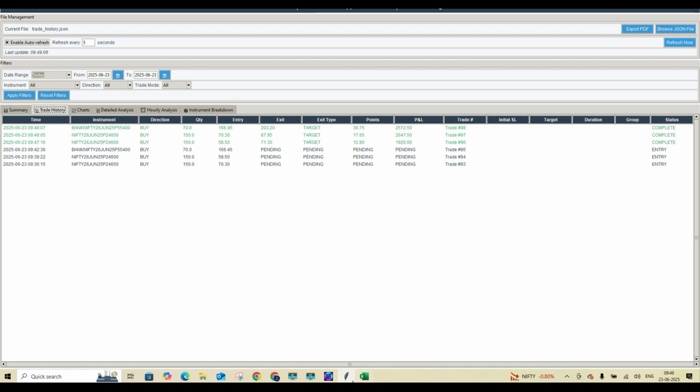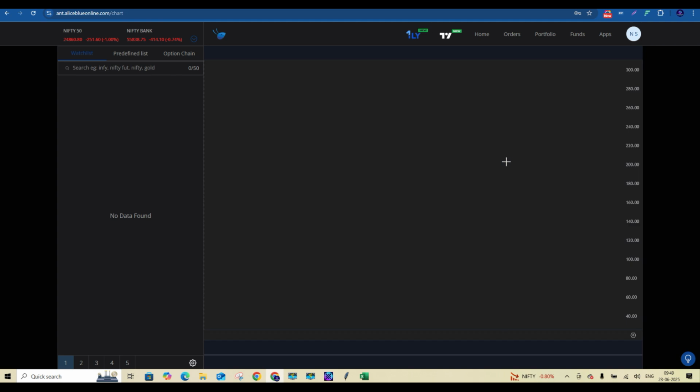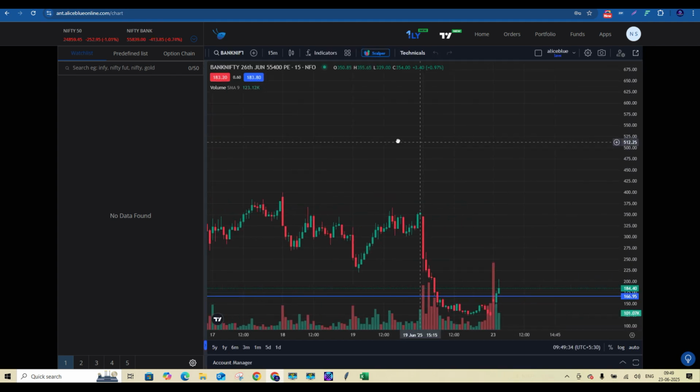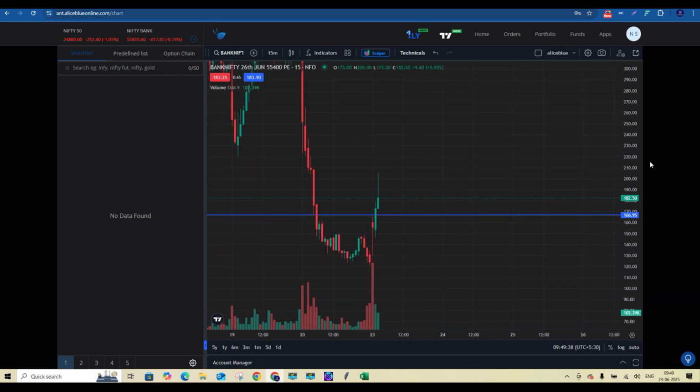Now let's mark any one, we'll take Bank Nifty. Entry was at 166 and exit was at 203. We'll open this Bank Nifty chart and see the exit here, that is 203. I'll mark 203 here.